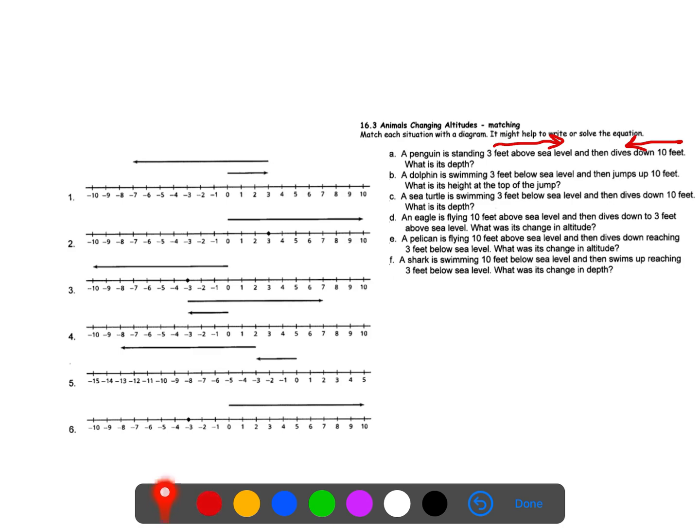So I'm looking for a number line that has arrows going in opposite directions, to the right and to the left. And I see one here, here, and that's it. So it's either 1 or 4, I believe.